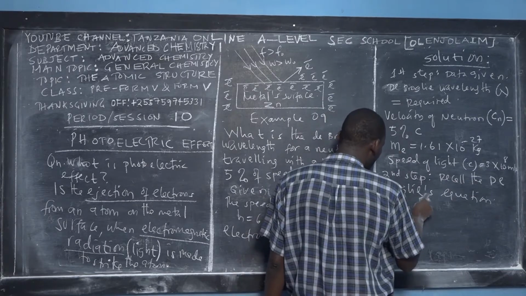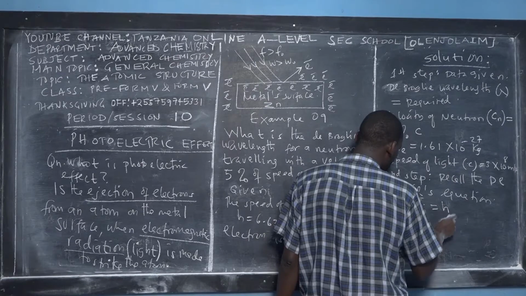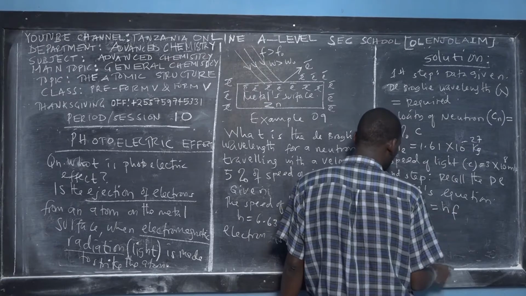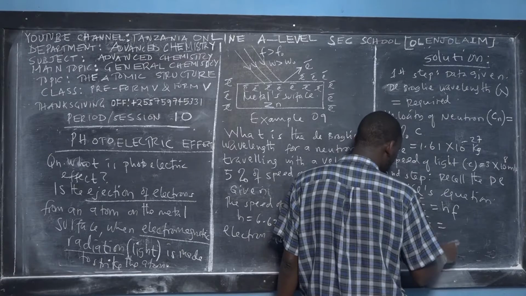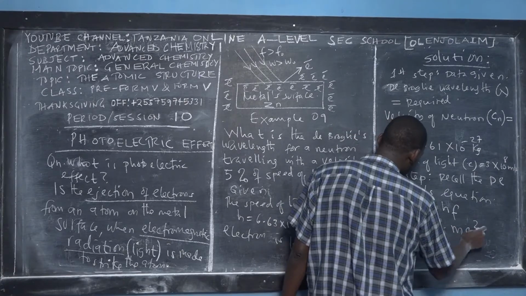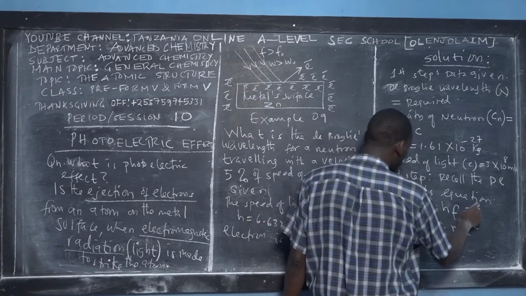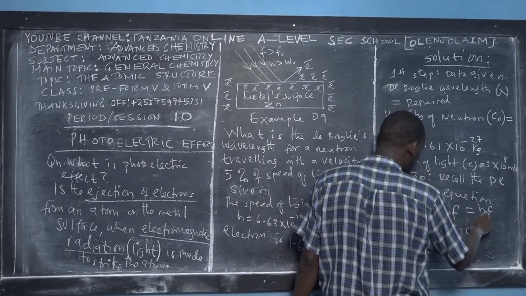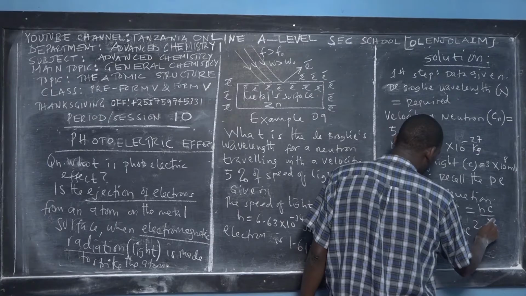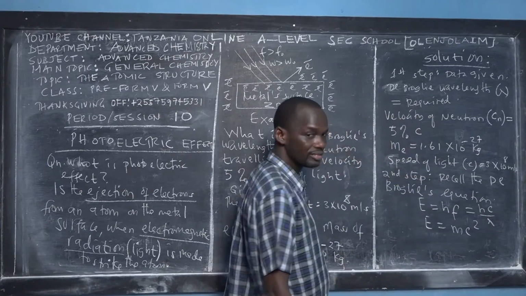First, energy is equal to Planck's constant times frequency, that is Planck's equation. The other one is Einstein's equation, which is energy is equal to mass times speed squared. And this you can also express as energy is equal to Planck's constant times the speed of light over the wavelength.